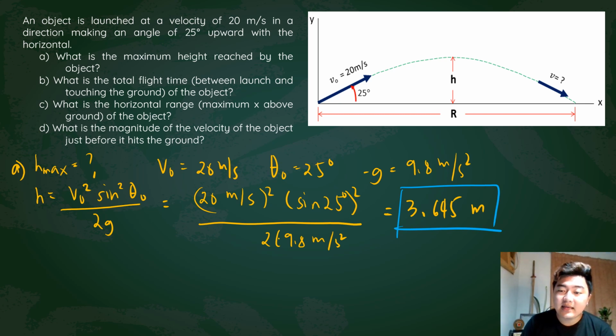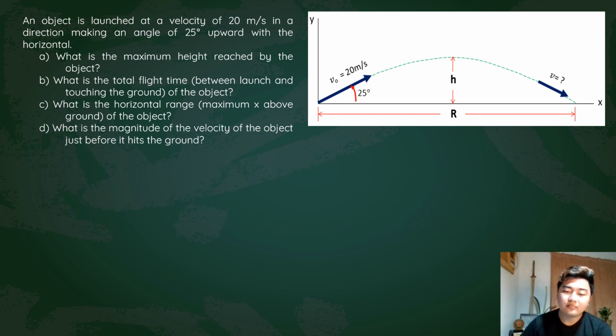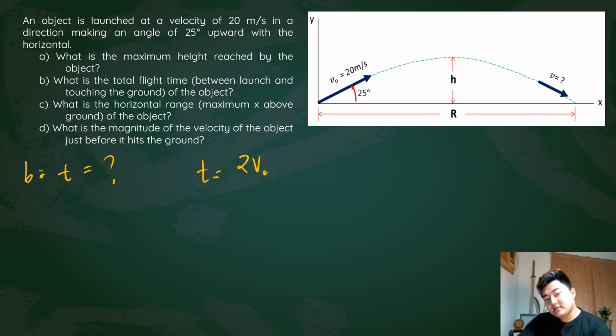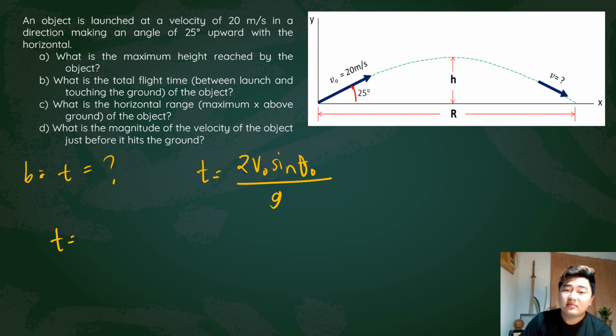Now let's solve for B. The question in B is the total time of flight. Again, we also have a derived equation for the time of flight in this kind of problem, where the time of flight is equal to 2v0 sine theta, the launch angle, divided by g. And then you just substitute your values.